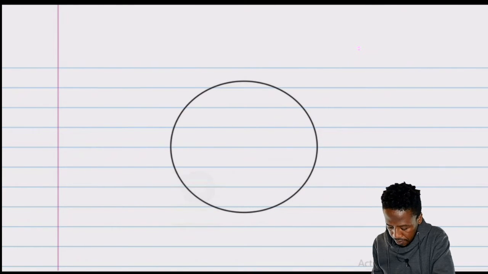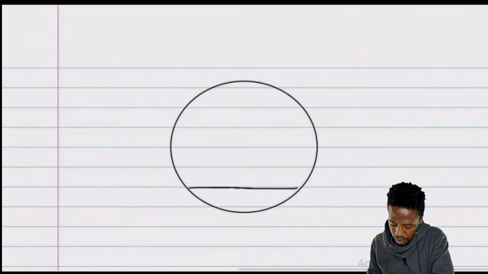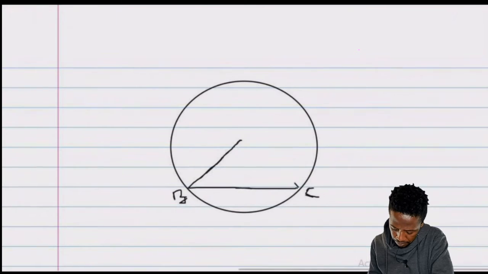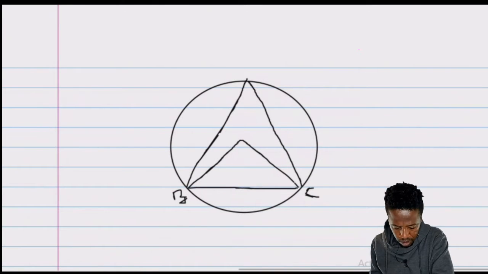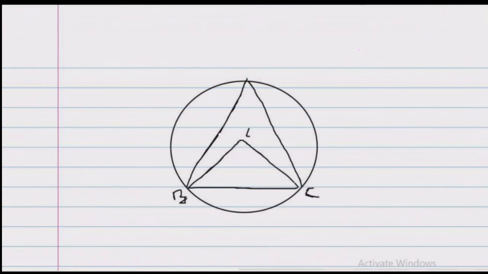If I have, I would say this is chord BC, and then I would have my center over there, and then I would have maybe another angle over there, and then I would say this is O, and then this would be A.